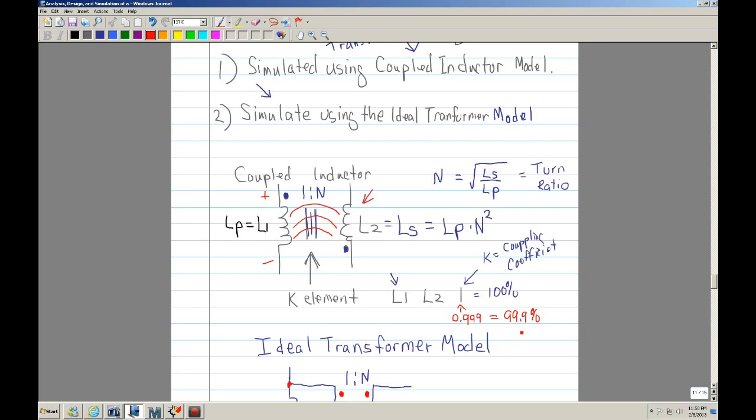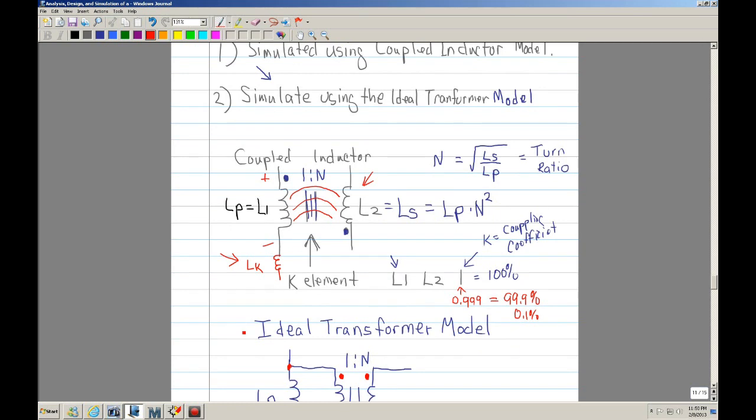Okay, that means that only 0.1% will not be coupled. And that introduces a leakage or a series inductor that's not coupled to these two. Okay, but right now I won't get into this. In the next video I'll get into that.